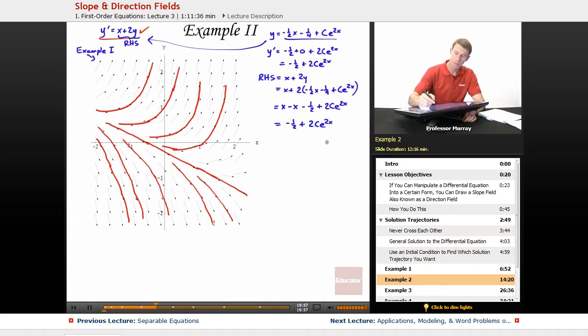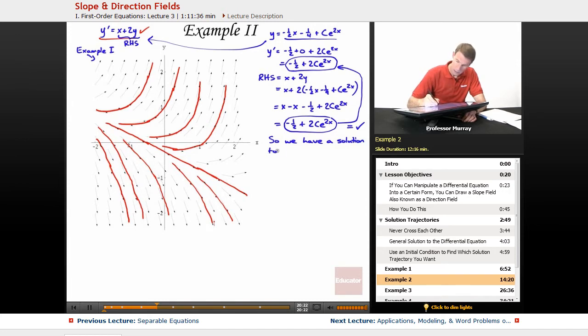And if you check back up here, that y prime and the x plus 2y, when we worked them out, those are equal to each other. So we have a solution to the differential equation.